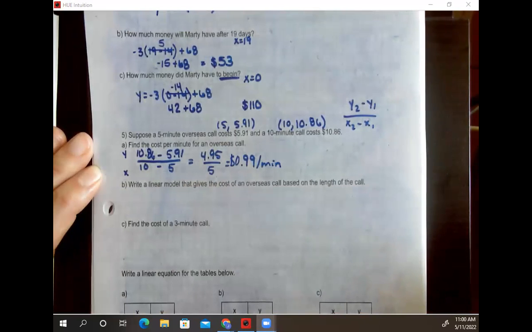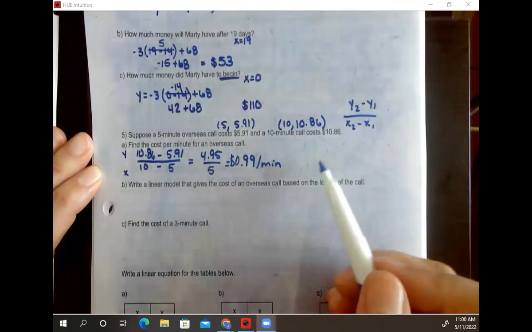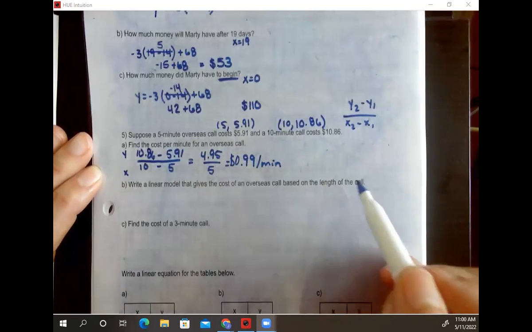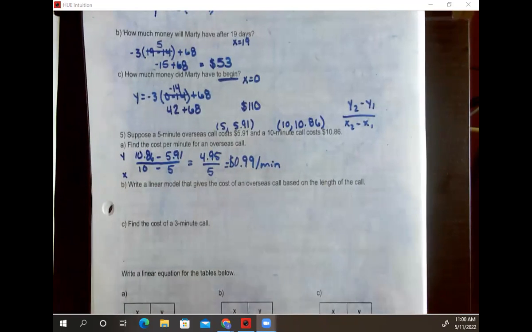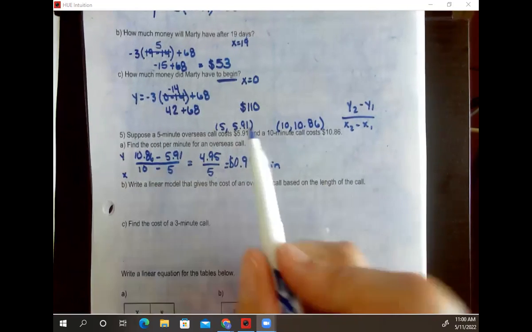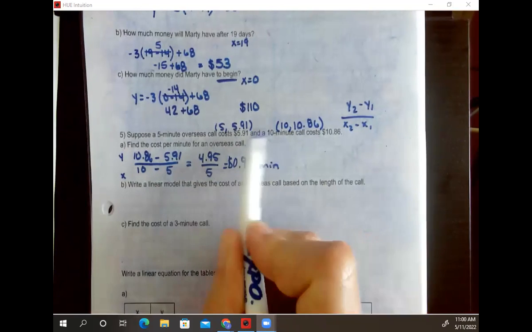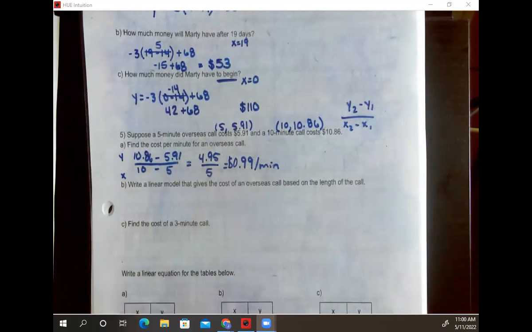Now that we know the slope, that charge per minute, we can write a model that gives the cost of an overseas call based on the length of the call. Okay. So again, since I don't know any standard fees that apply, I don't have any of that information. All I have are 2 different sort of points that match this. I'm going to pick one of those and use point slope form here.